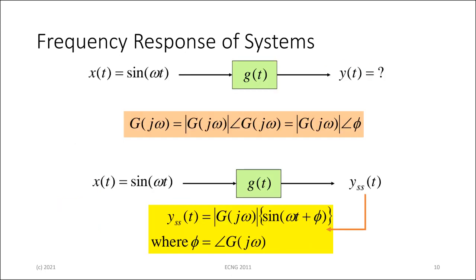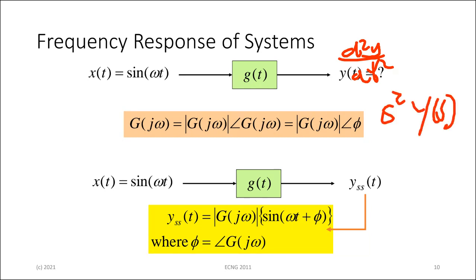That proof is a little bit complex, and you will come across it later. So only the jω to the power n, correct. It is exactly like the Laplace transform, right? You remember in the Laplace transform, if you have d²y/dt², assume you have no initial conditions, this is s² Y(s), right?